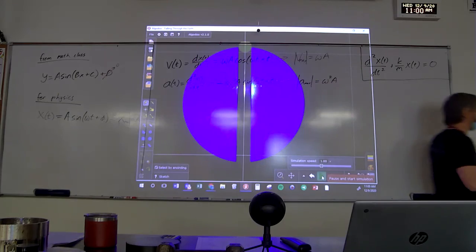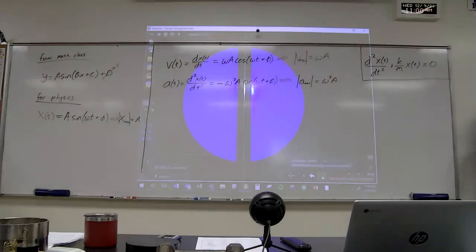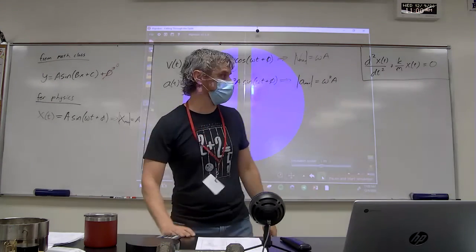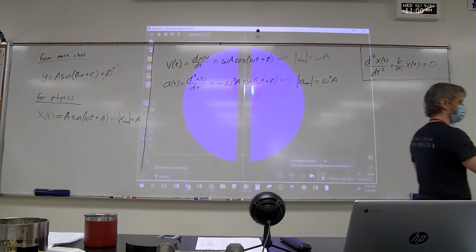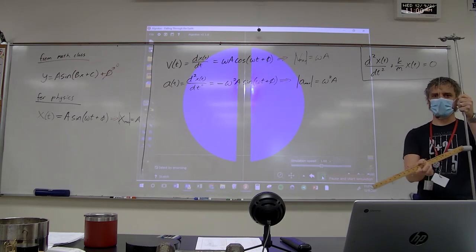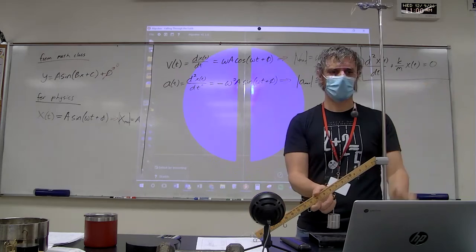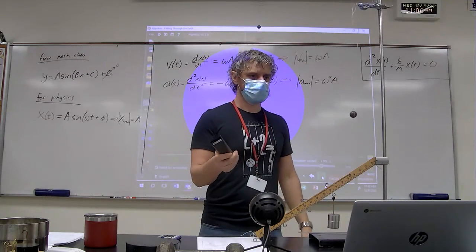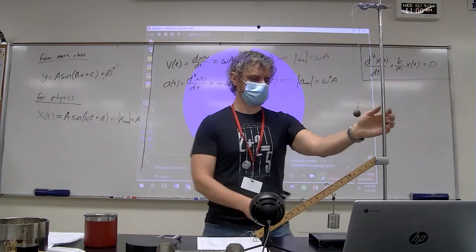There are other situations that you wouldn't expect that have the same type of motion. This guy right here, this you probably would expect. This guy right here is a pendulum.